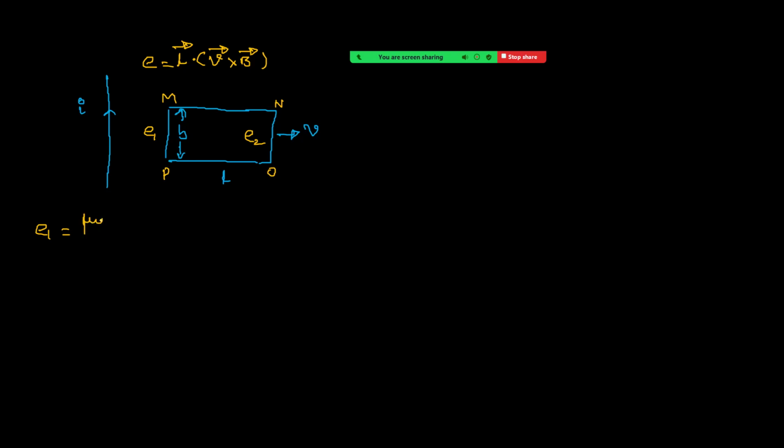The B value is mu naught I by 2 pi A, the field at this location.